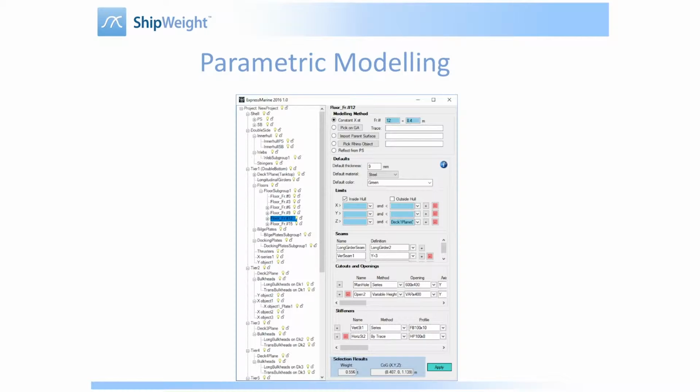So you start by importing the hull and GA, and then in this window here, you start to define objects by saying, okay, I have an object, it's located, its plane is located in this X position, it's limited by the hull. It's going to have these types of stiffeners spread out on it. It's going to have these kinds of openings. So we give it everything parametrically and then create the object.